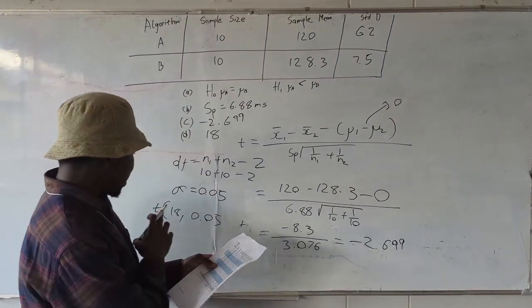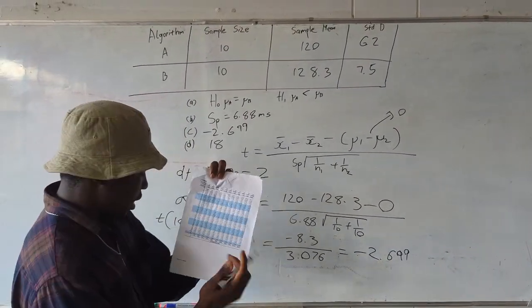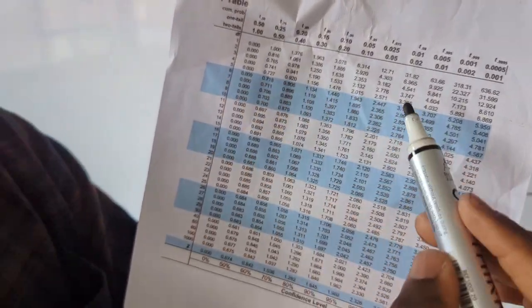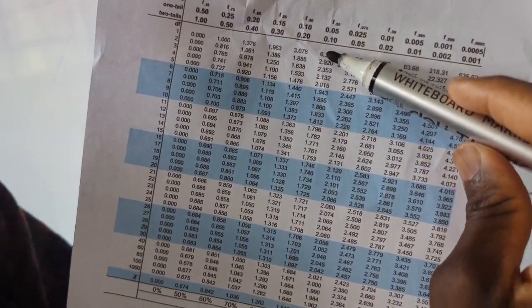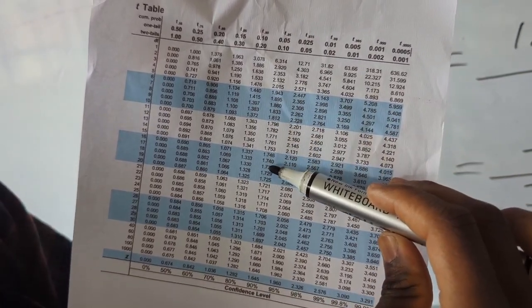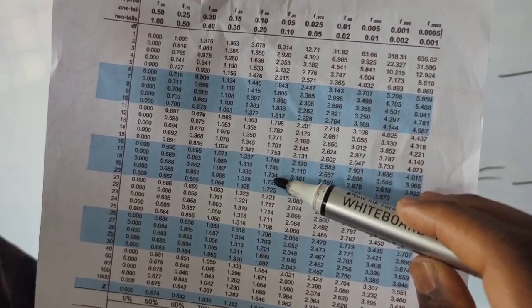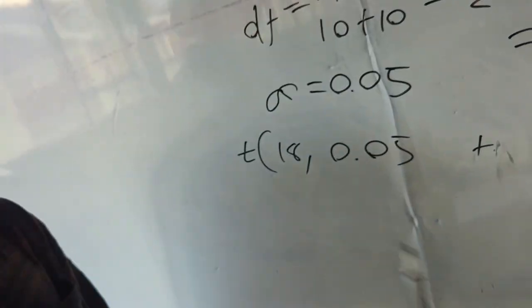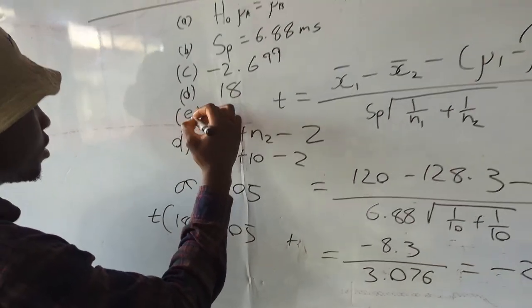With a significance level of 0.05 for a one-tailed test and a degree of freedom of 18, the value is right here: 1.734.